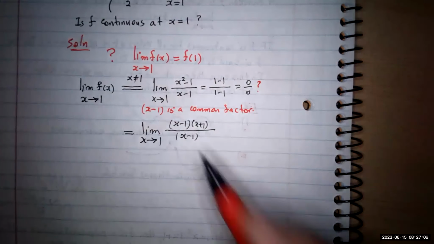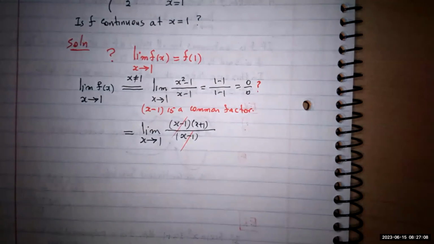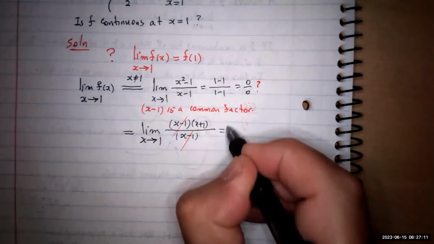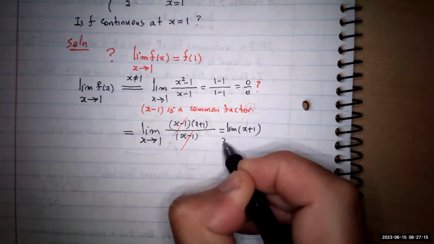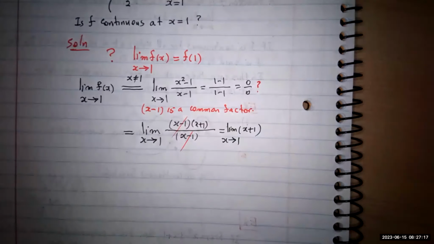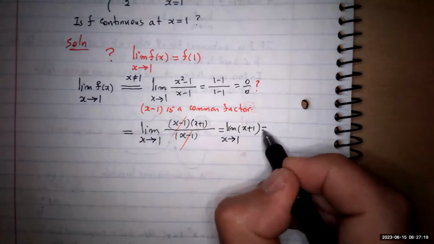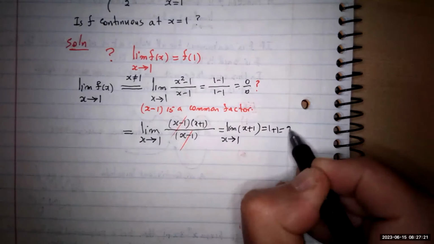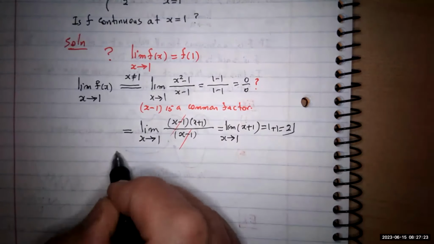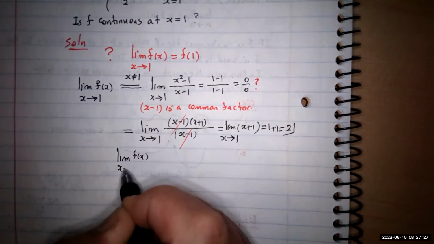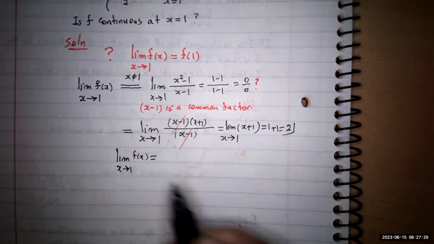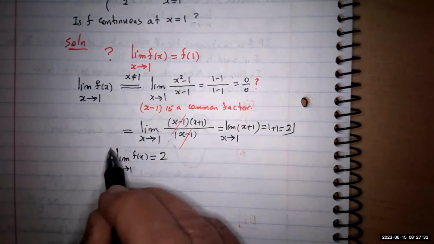We divide by x minus 1, so the leftover would be the limit of x plus 1 as x goes to 1. Now this is direct substitution. That gives you 1 plus 1, which is equal to 2. So the limit of f of x, when x goes to 1, is equal to 2. That is the limit. Any question?